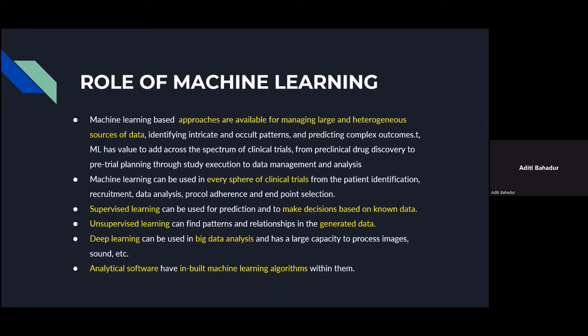Machine learning is strong enough to detect any sort of protocol deviation in an eCRF, and also it can be used for endpoint selection. Now, supervised learning is a machine learning method which makes decisions and predictions based on known data.